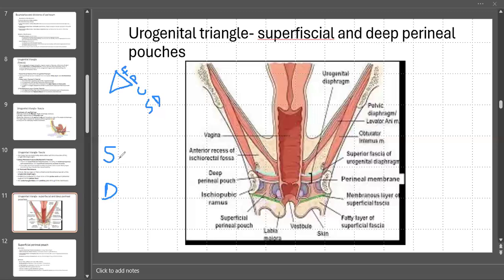And also tell me, if we are calling them superficial and they are superficial to the deeper ones, can they be the part of the superficial pouch? And can these be the part of the deep pouch? Is this a possibility?